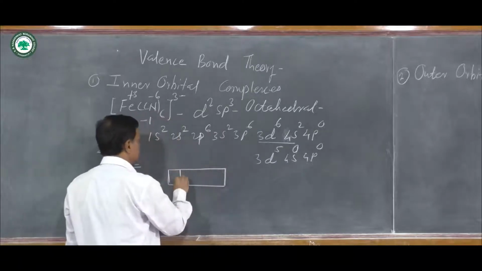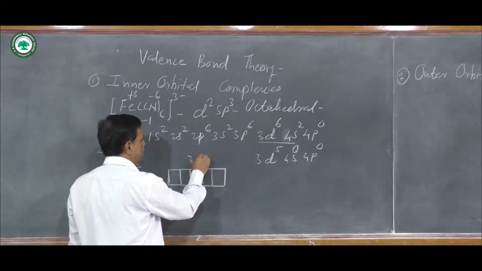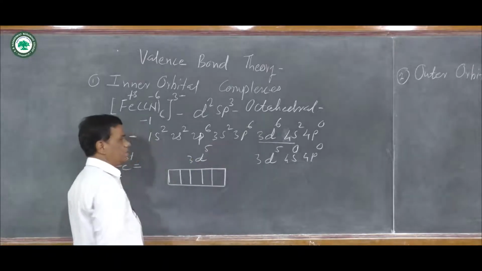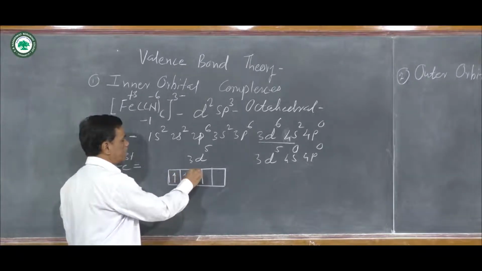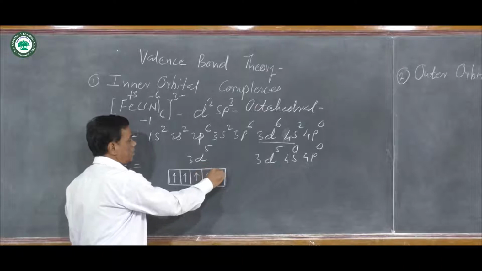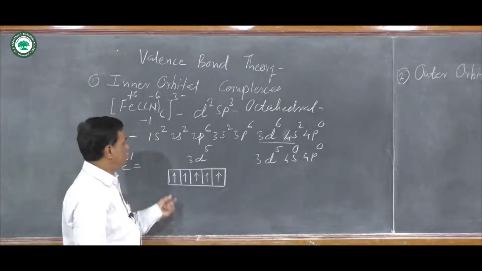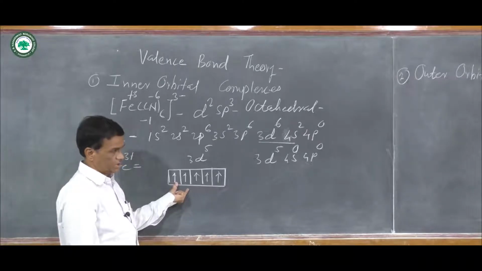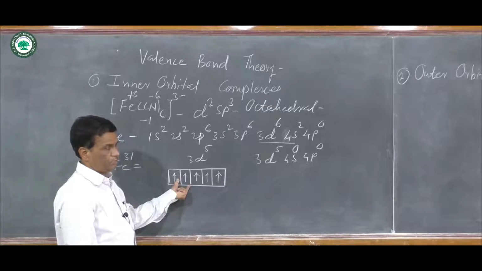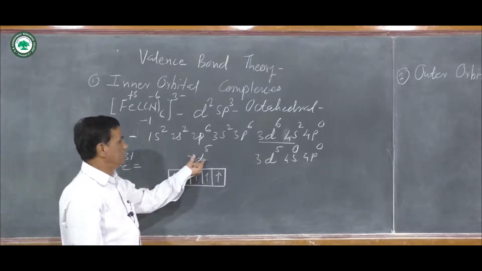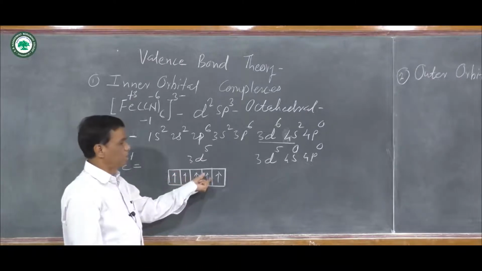These are the 5 d orbitals, and the electronic configuration is 3d5. In that 3d5, the filling of electrons takes place according to Hund's rule of maximum multiplicity. According to Hund's rule, first of all there is single filling, and then pairing will start, and here 5 electrons are present in 3d, 1, 2, 3, 4 and 5.